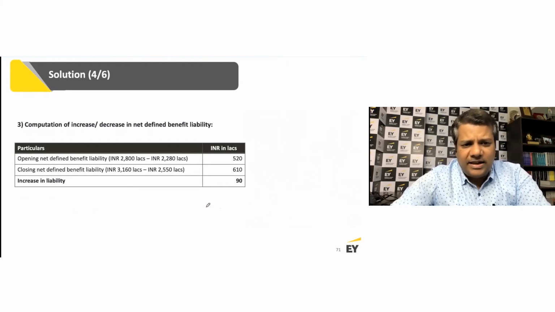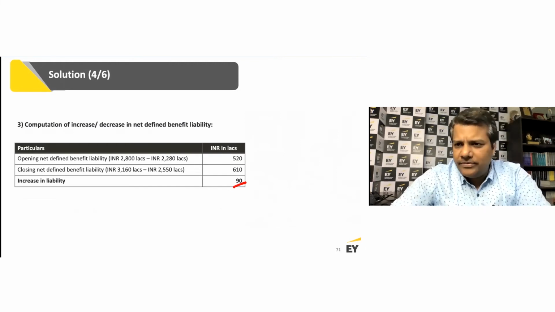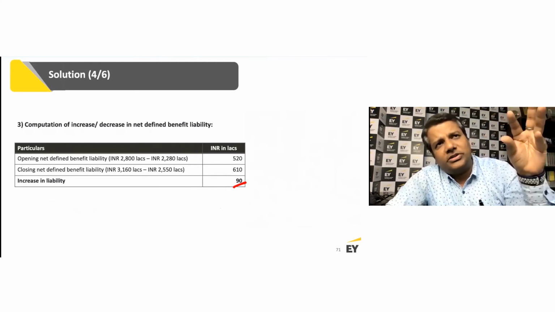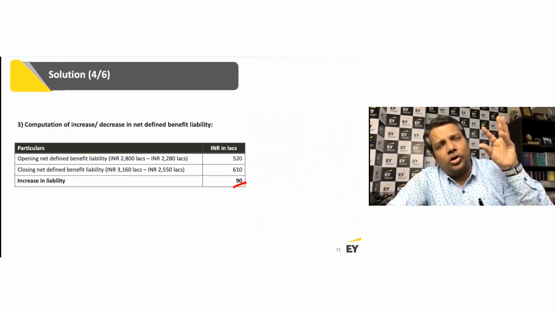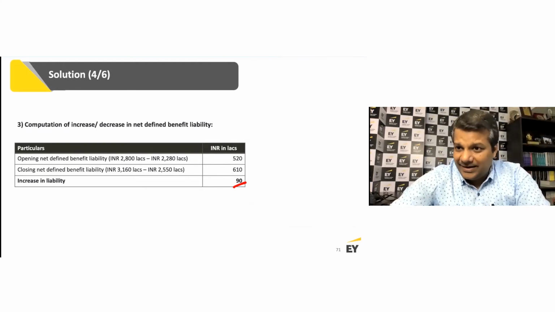And that's where we now have all the components of this 90, right? How much was my service cost, how much is my interest cost, how much is my actuarial loss, and then how much I have contributed, which I have already paid. And that delta is where you should have 90 from that perspective.